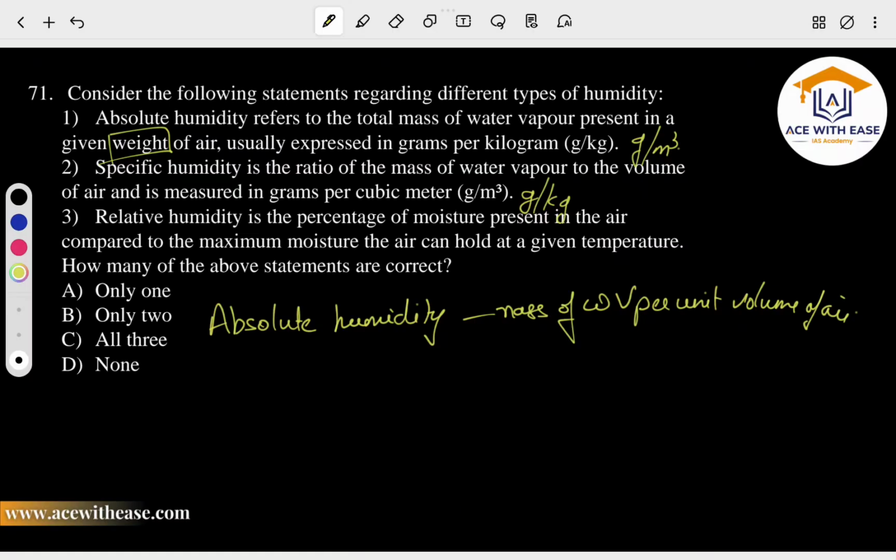And relative humidity is a percentage of moisture present in the air compared to the maximum moisture the air can hold at a given period of time. So yes, the third statement is correct. Which of the following is a correct statement? Only one statement is correct here. 71st question, answer is A.